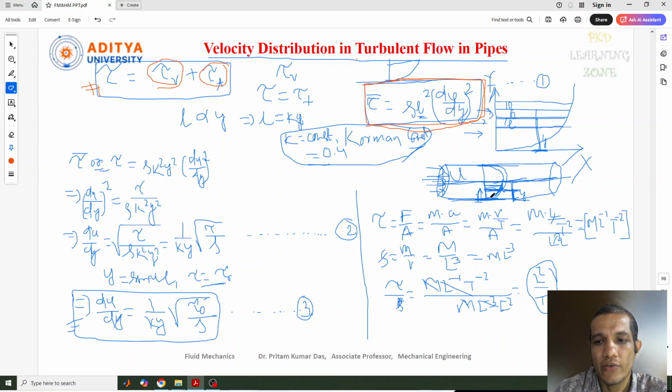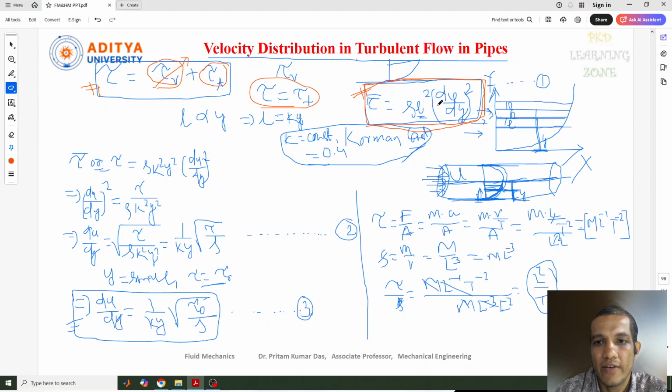Due to the viscous effect, the velocity is very negligible at this point, and the velocity distribution is not there, and that's why the shear stress at this boundary level is also negligible. So we have neglected this and taken tau equal to tau t, in the sense shear stress with the effect of turbulence, the turbulent flow shear stress.